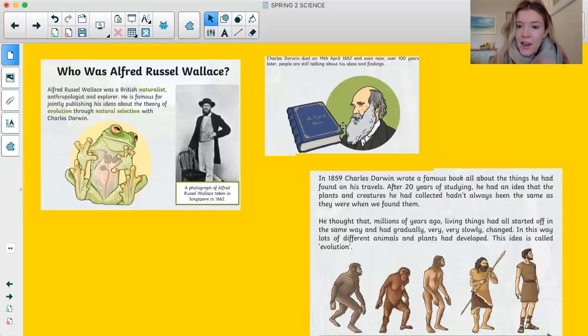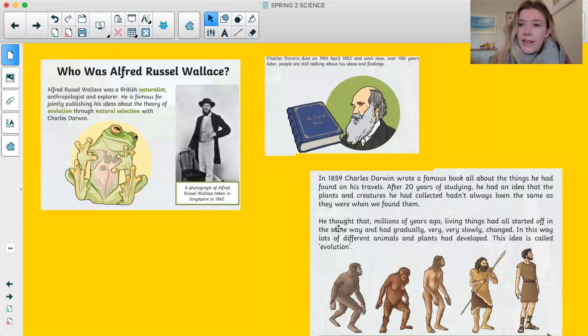Nevertheless, he was famous for creating the book The Origin of Species. He had the idea of evolution, that over millions of years, living things would very slowly, over a long period of time, change. That's what you looked at in your last lesson.